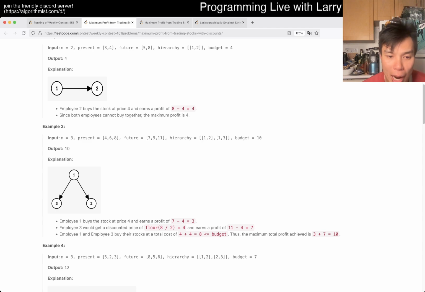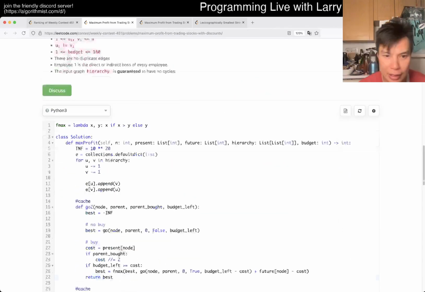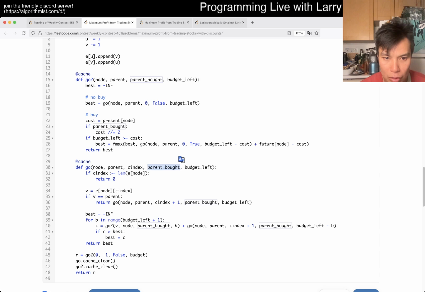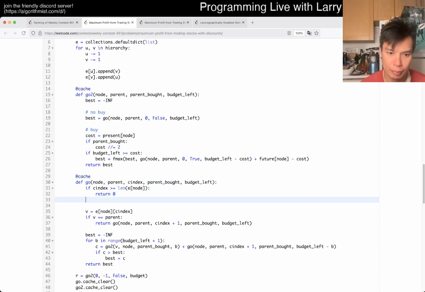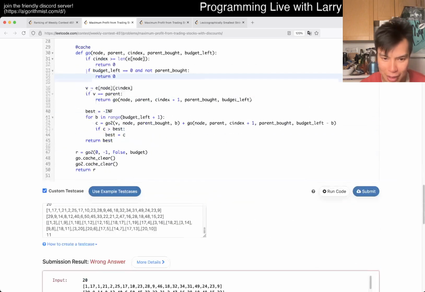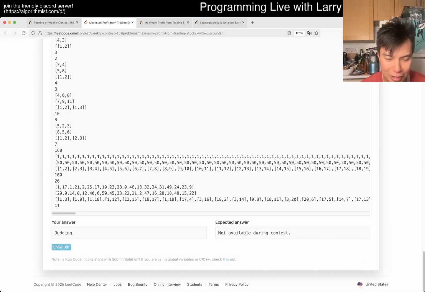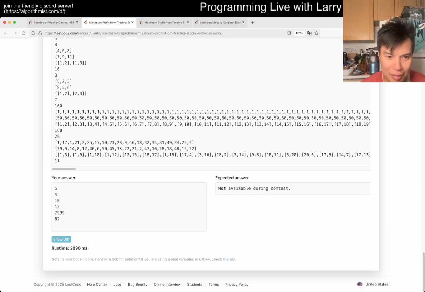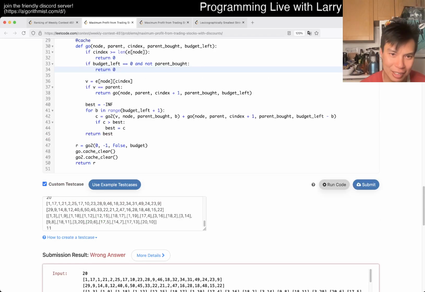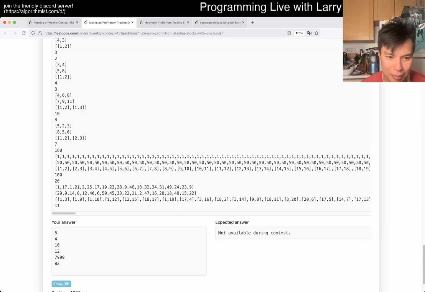Oh, you could still buy with no money if the parent is true. So okay, I see. So if budget left is equal to 0 and parent port is false, return 0. Is that happy enough for you? Okay, that just makes it slower for some reason. I guess the reason is that it's more if statements, but you know.